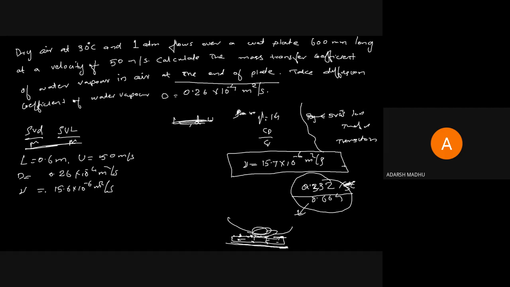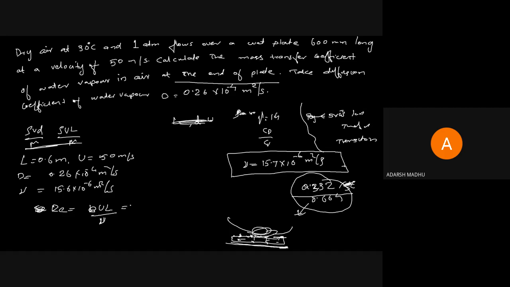You don't need that. So first you want to find the value of Sc and Re. First find the Re value. Re value is rho V D by mu, or here U into L by nu.